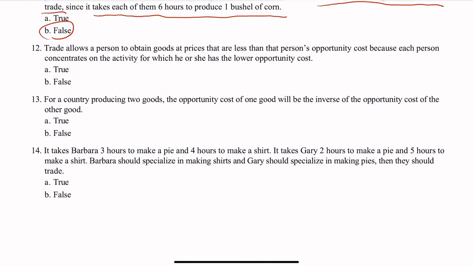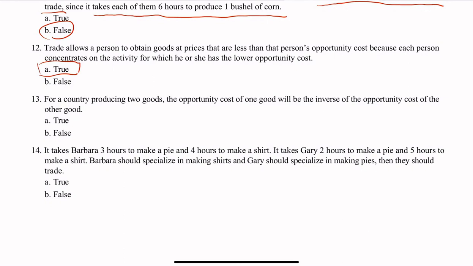12. Trade allows a person to obtain goods at prices that are less than the person's opportunity cost, because each person concentrates on the activity for which he or she has the lower opportunity cost. So this is correct, right? This also explains why specialization based on opportunity cost makes sense.